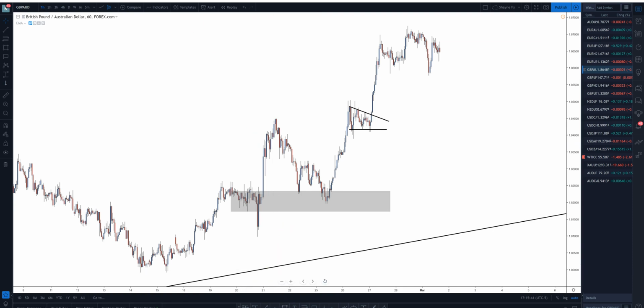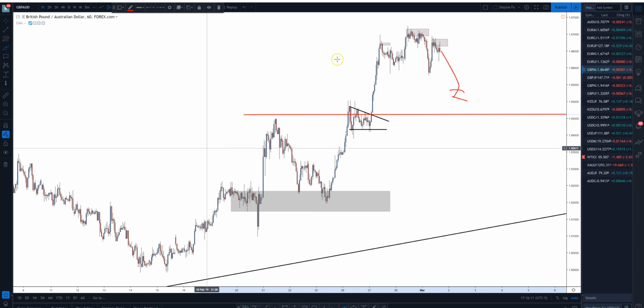Yeah, that looks like a clean formation to me. This head and shoulders formation, this head, and I guess you're looking for this part for the shoulder down here. Looks like a clean thing to do.